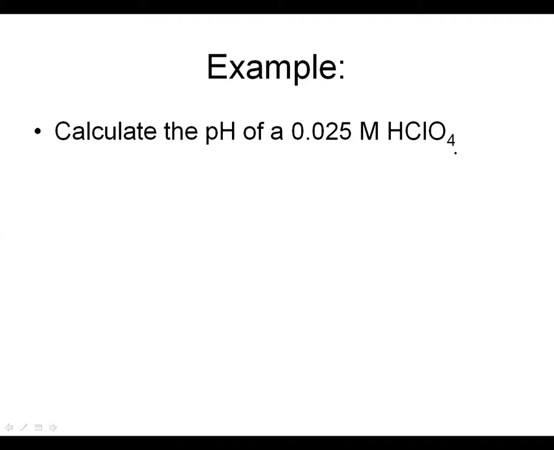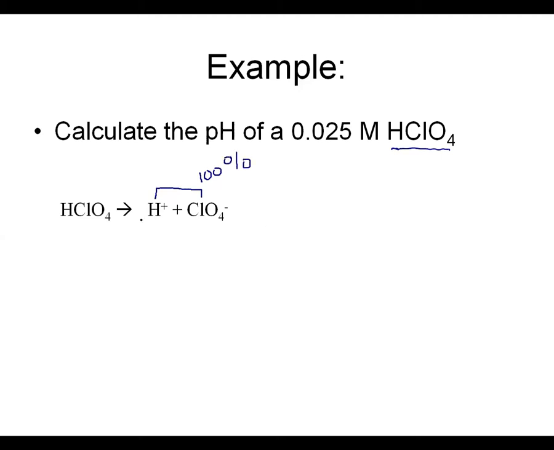So again, here, looking at this one, HClO4, which is perchloric acid. Again, it is a strong acid, which means when it goes for a swim in the solution, it is going to 100% break apart into these guys.